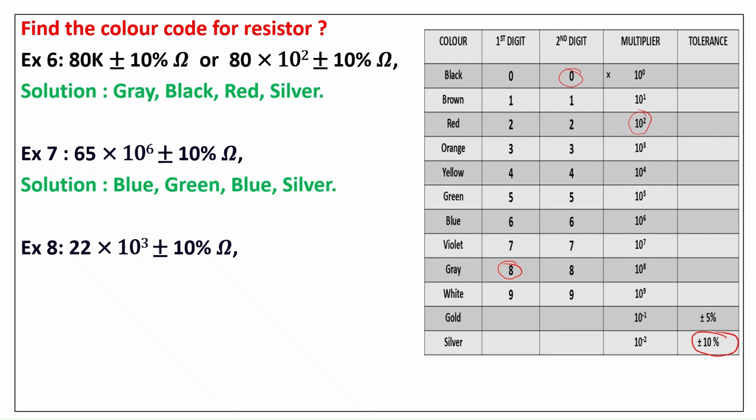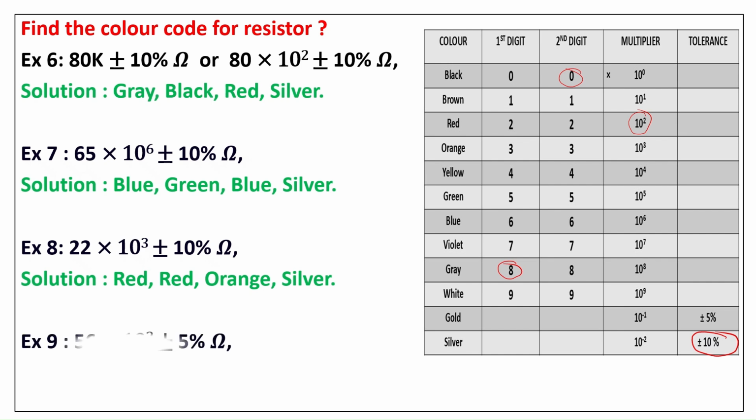Resistance is 22 into 10 to the power 3 plus or minus 10% ohm. Solution. Red, red, orange, silver. Next. Example 9. Resistance is 56 into 10 to the power 2 plus or minus 5% ohm. Comment the color code for these questions.